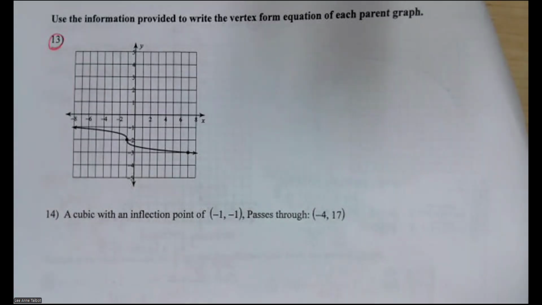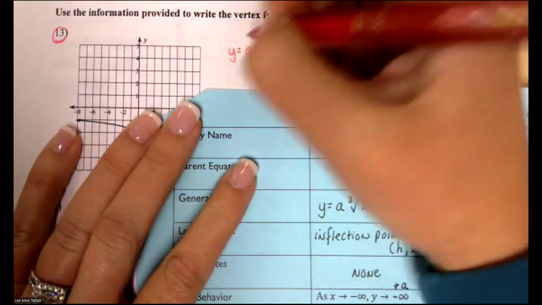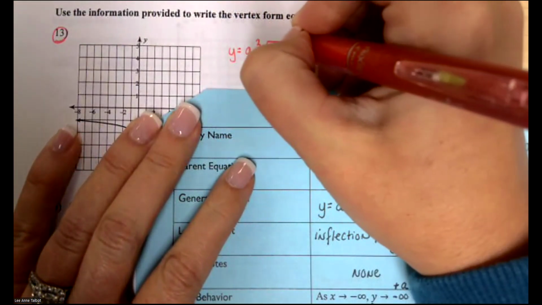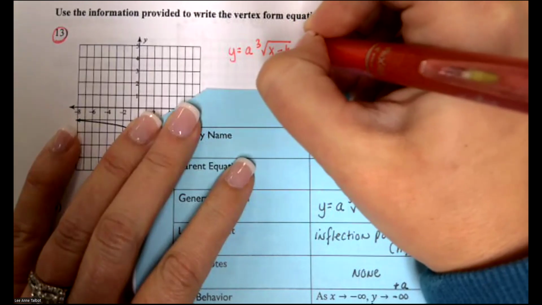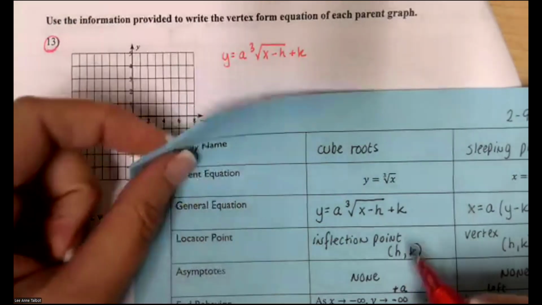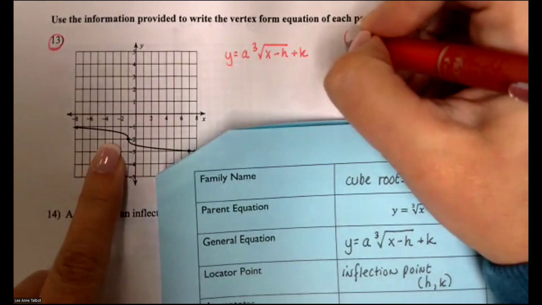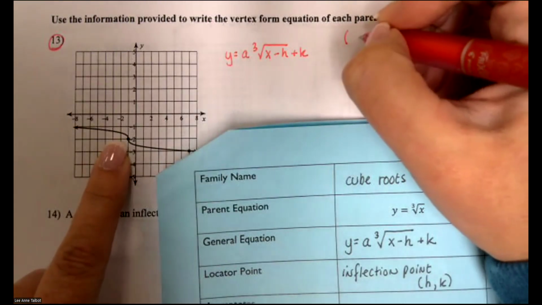Okay, so my cube root is y equals a cube root x minus h plus k. And it says the inflection point is hk, which is this guy here. So that is -1, -2.